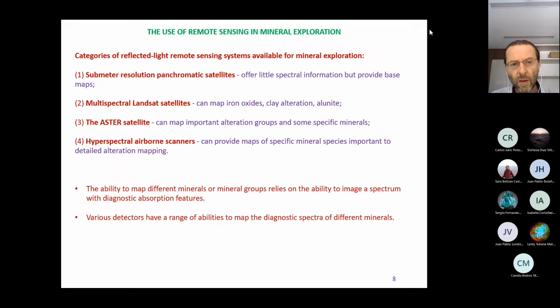So people use these multispectral sensors to get maps of the distribution of clay alteration, or different types of alteration. The ASTER satellite is also very good for alteration groups and specific minerals. And nowadays we also have hyperspectral scanners, which are increasingly used for mineral exploration purposes.